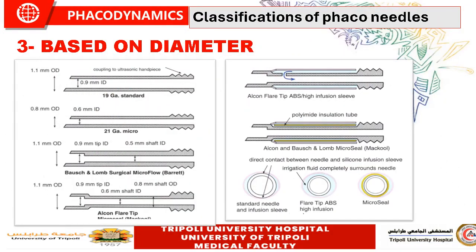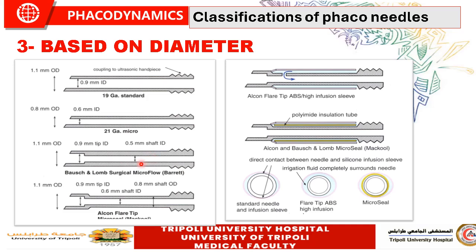Another thing, as you can see in the diagram, this is the standard tip, and this is the micro tip, which is 21 gauge. And there is another Phaco needle made by Bausch and Lomb, mainly by Barrett, which has double sizes of the internal lumen, so that the outer end is wide, but the inner lumen is narrow.